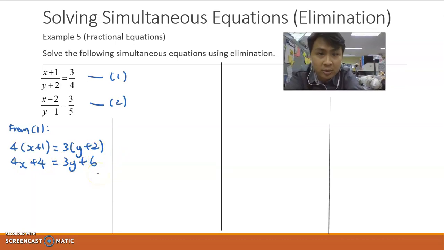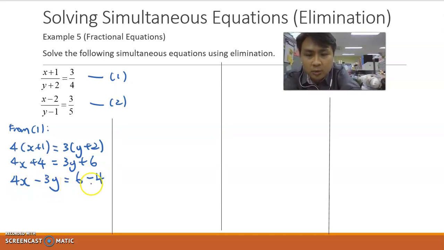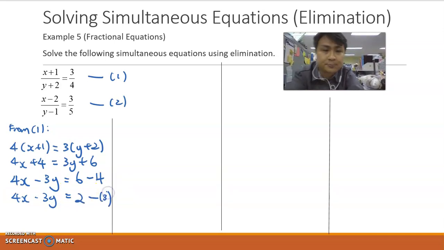That means we need to rearrange our equations in the format x, y equals number. So 4x minus 3y will be equals to 6 minus 4. Now we will just simplify. So 4x minus 3y will be equals to 2. I'll call this equation 3.